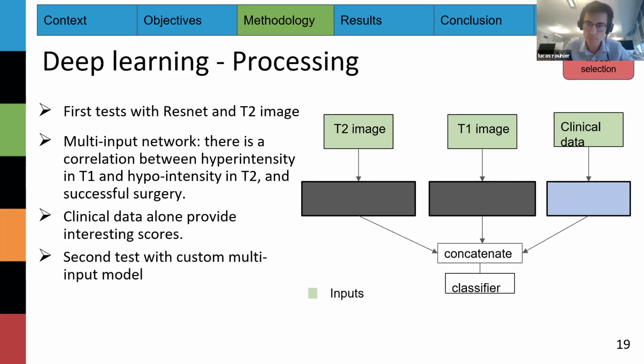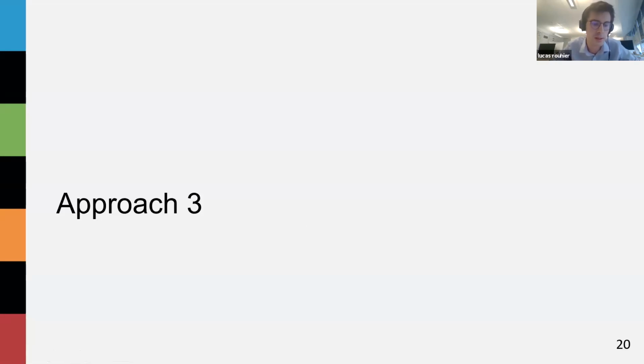Therefore, we tried to move on with a multi-input network that allows us to have T2 and T1 images at the same time to see if that could improve the score. And since the clinical data alone provided interesting scores, when that started to not work well, we tried to add the clinical data information. Unfortunately, it did not go very well.